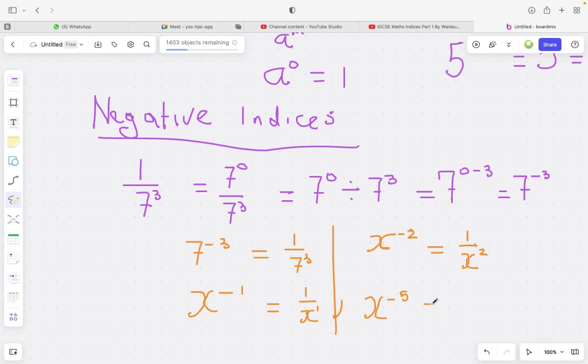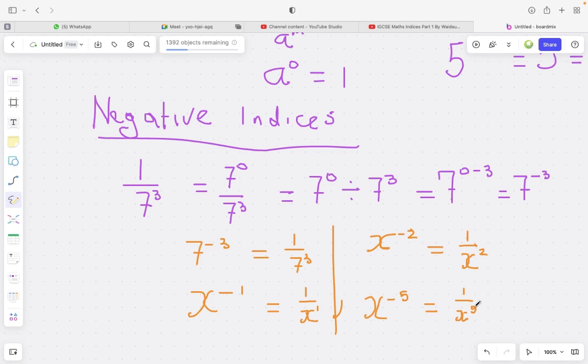The minus means 1 over, then you write x raised to power 5. Okay, so that's that for that.